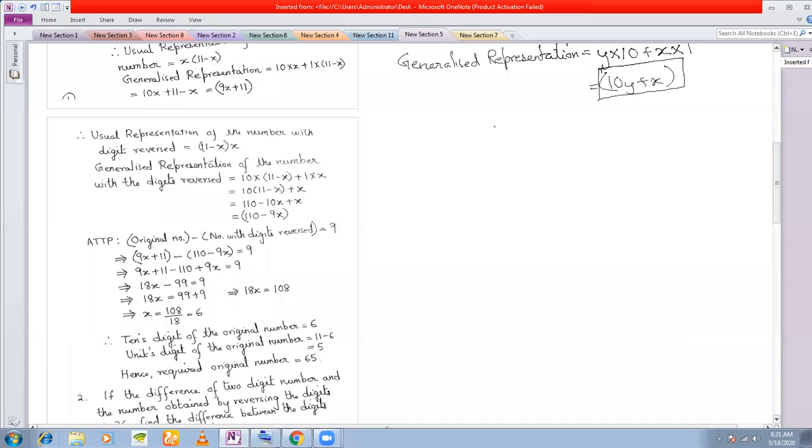Now suppose I take a 3-digit number, say 673. This is clearly a 3-digit number, and this representation is the usual representation. In a 3-digit number, this is your hundreds place, this is your tens place, and this is your units place.